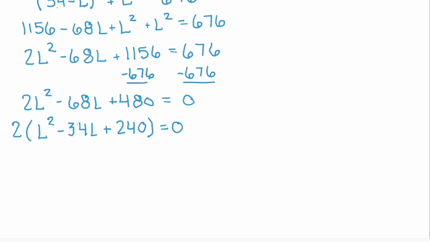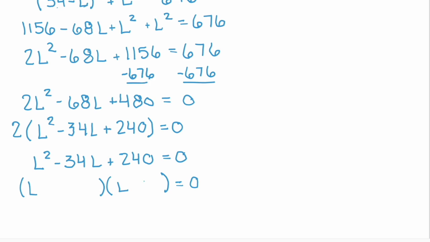And remember, we can divide by 2 on both sides, and we're left with just this quadratic, L squared minus 34L plus 240 equals 0. Now, I'm pretty sure that we can factor this.